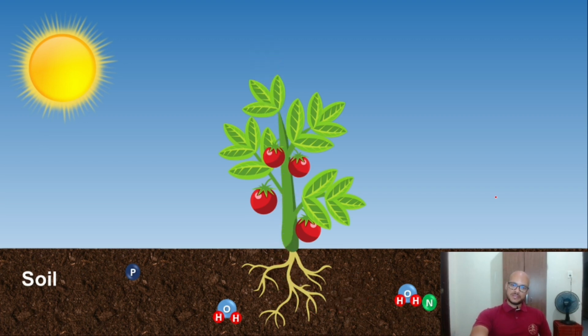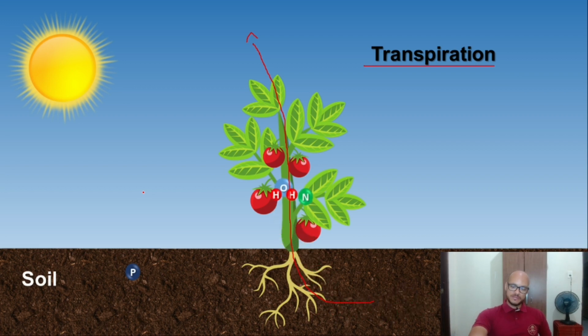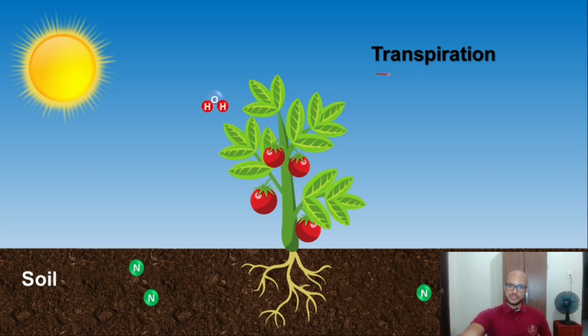The plants get some water through a process called transpiration. Okay, so this is transpiration. They take water and release the water in the atmosphere. But by doing so, they can take some nutrients dissolved in the water, and the plants can absorb the nutrients and release the water through transpiration.